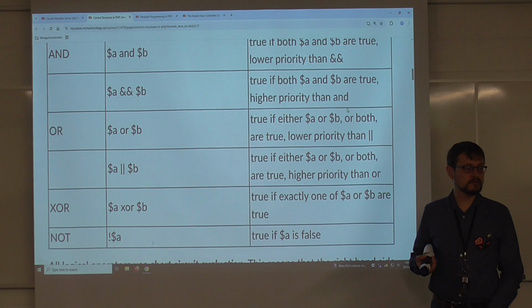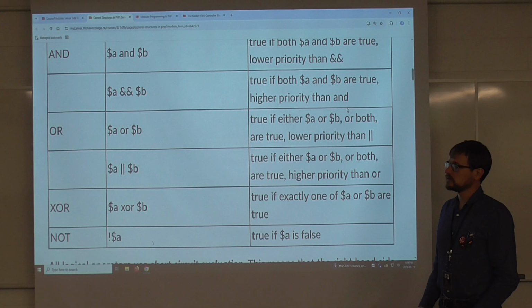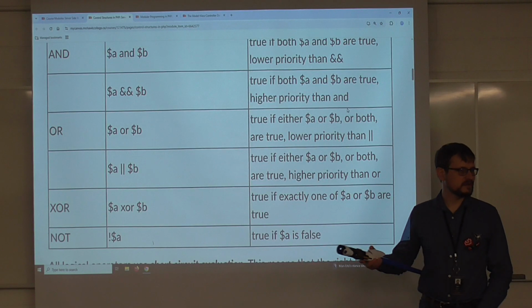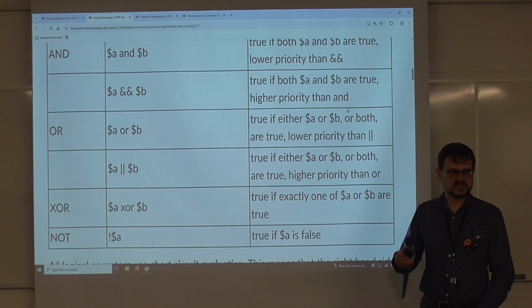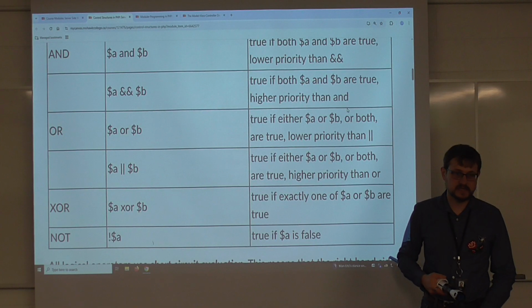So, let us talk about Boolean operators. You know how in Python you wrote the word and? In Java you had the double ampersands? Probably the first time in your life that you were required to draw an ampersand was on the Java test, right?